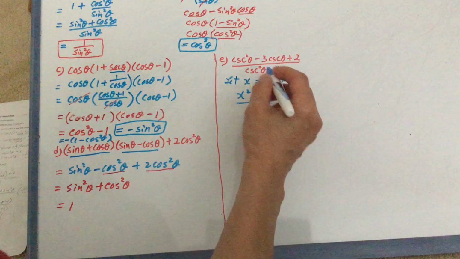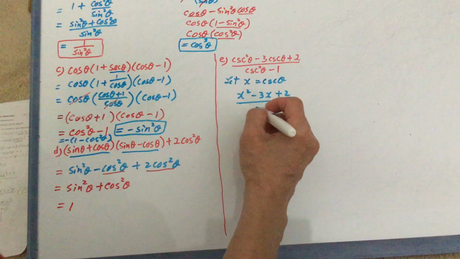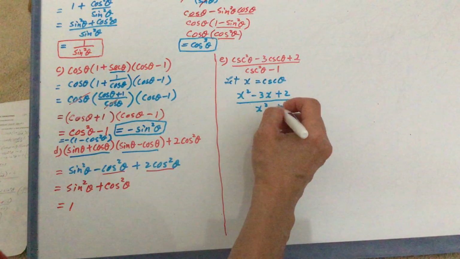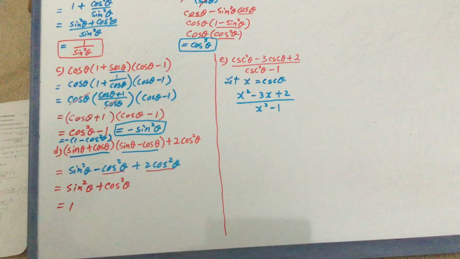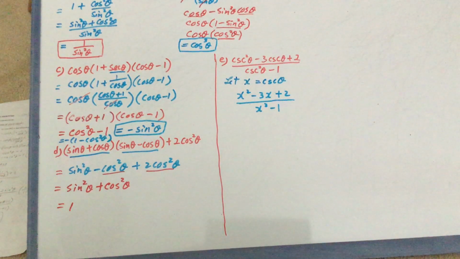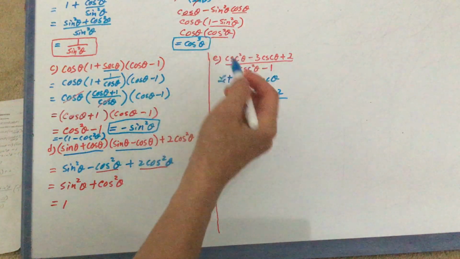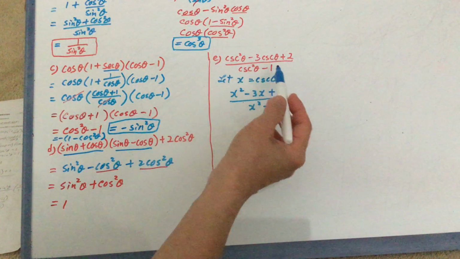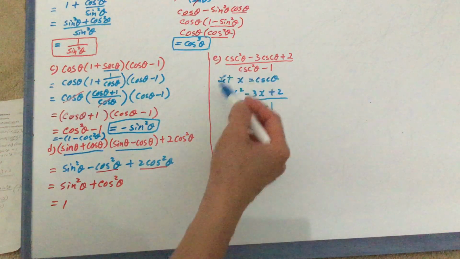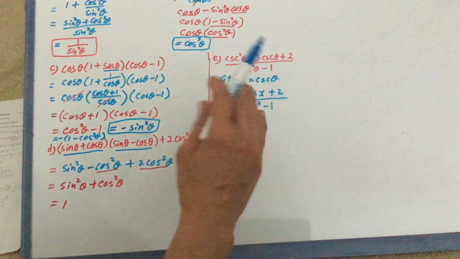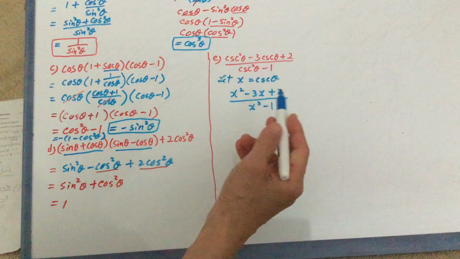Okay, and then divided by x squared minus 1. If that makes it better, instead of converting the cosecant into 1 over sine, you can also do that, but I just thought that this could be an easier way to simplify these questions first.